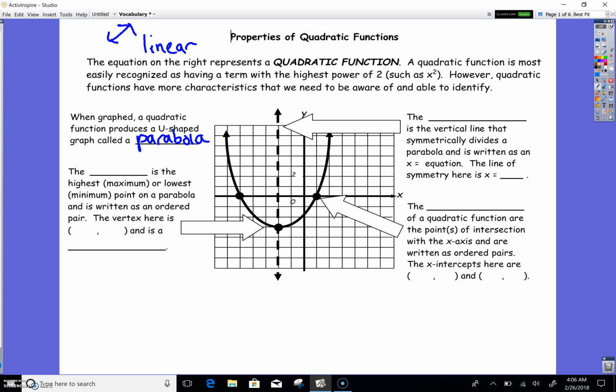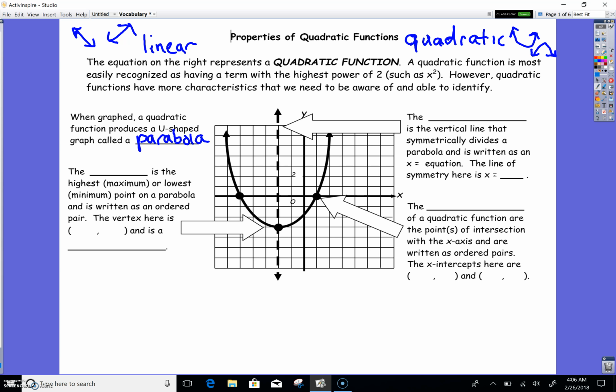It can go up or it can go down. Same thing with quadratic. It can open up, or it opens down.